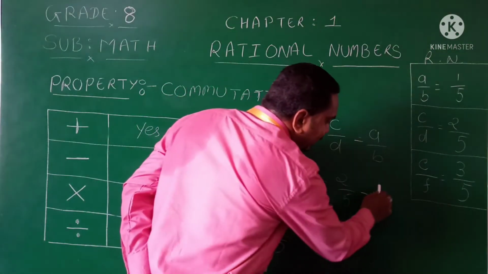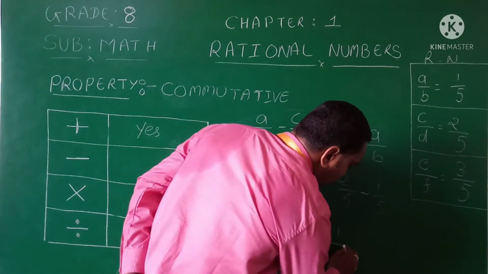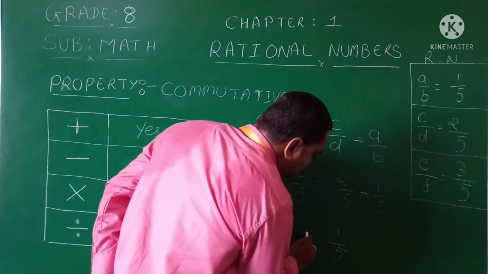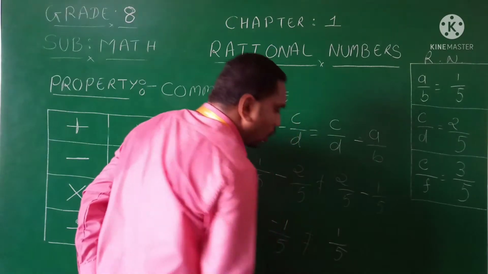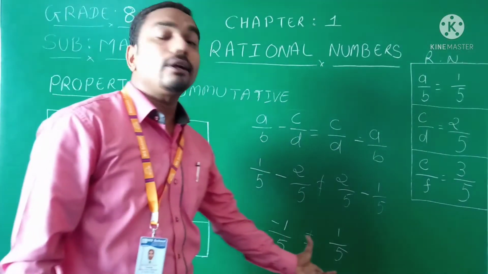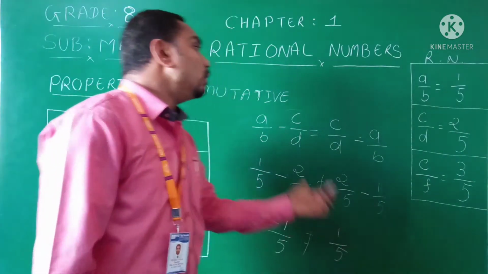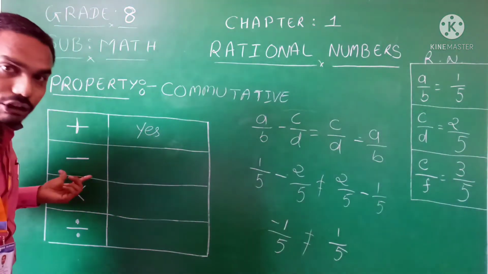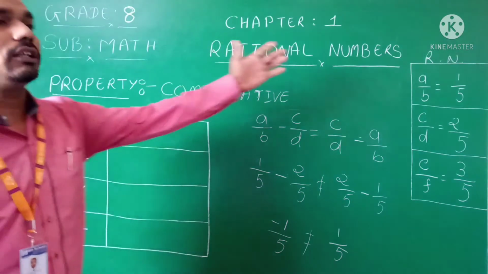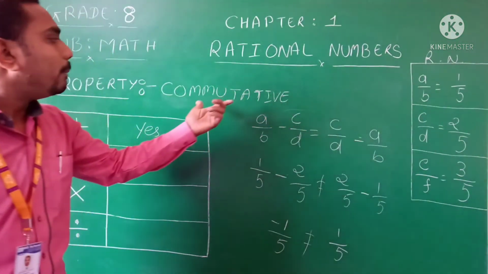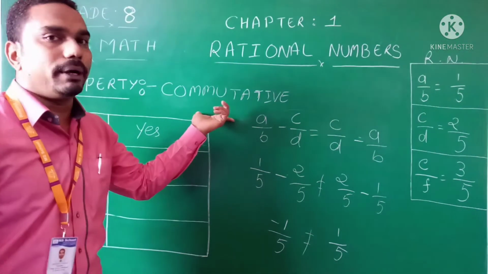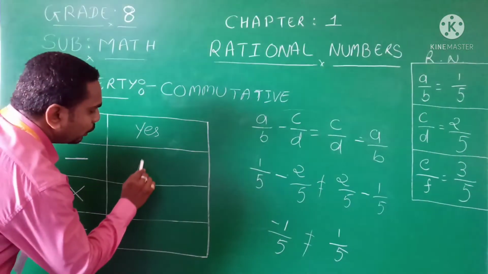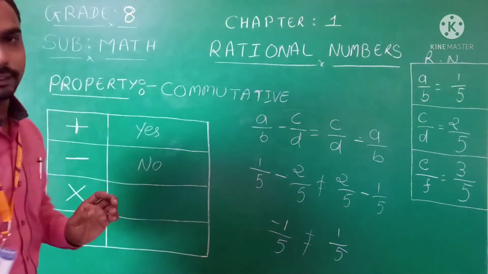Now 2 minus 1, 1 upon 5. So both of these are not equal. So that's why we can say that for the subtraction process, for the rational number, particularly for the commutative property, it is not applicable.